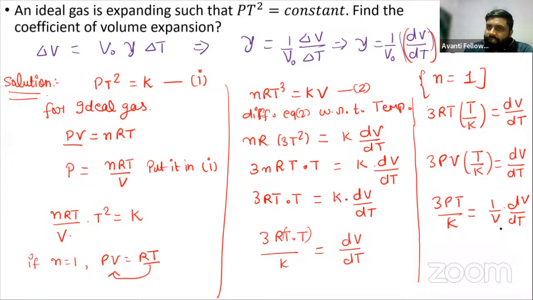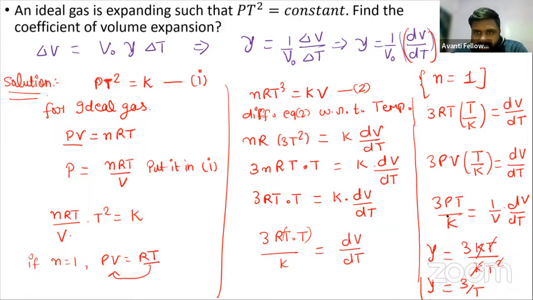This 1 upon V dV by dT is nothing but gamma, the coefficient of volume expansion. Now put the value of P, which is K upon T square. It will become KT over T square. K and K cancel out, T and T also cancel out. So gamma you will have here is 3 by T.